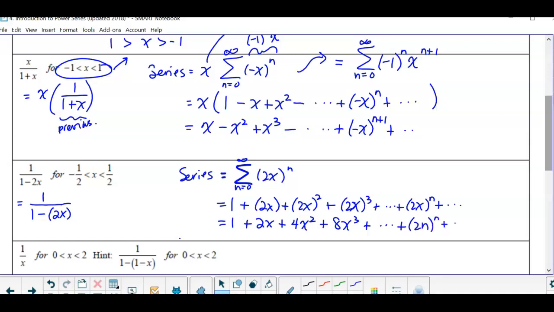Okay, so in this case, think about it. Your common ratio is 2x. That has to be less than 1, greater than negative 1. And that's why if we divide everything by 2, we get this. So just so you know where that's coming from.